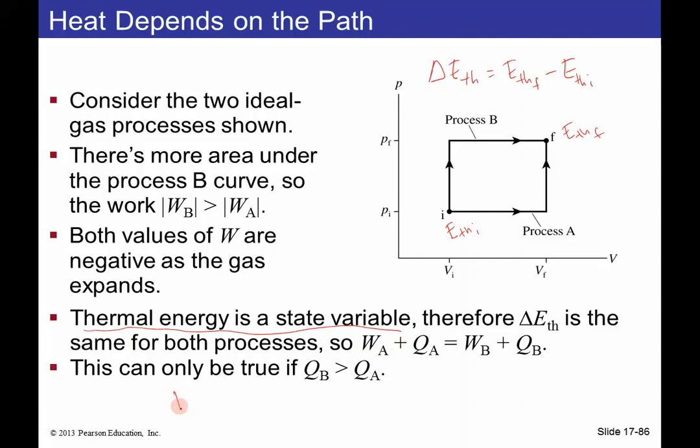It is the heat on process A plus the work on process A, and that has to be equal to the heat on process B plus the work on process B. These two things are equal. Now this is more negative than this, so this can only be true if the heat through B is greater than the heat through A. So you need more heat to do this process than you need to do this process.